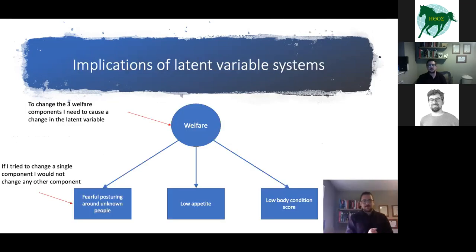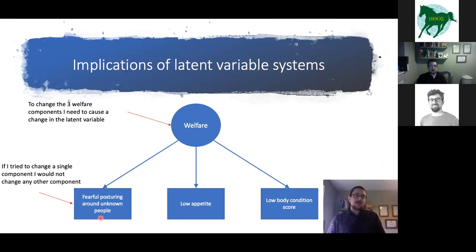So thinking about these implications in a little more detail, using the example we just spoke through, the same 3 welfare measures: if I am dealing with a latent variable system, and I want to improve scores on the 3 variables I've measured, then I need to intervene at the level of the latent variable. I need to intervene at the level of the cause.